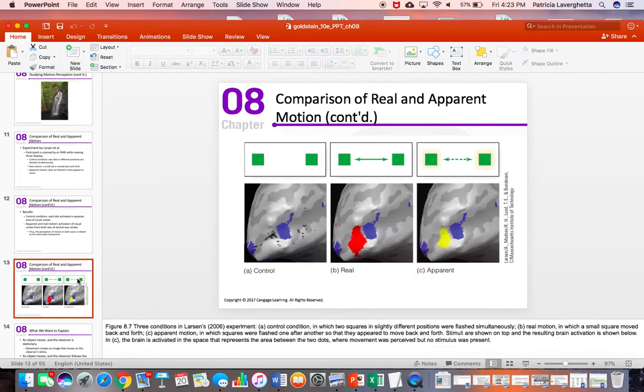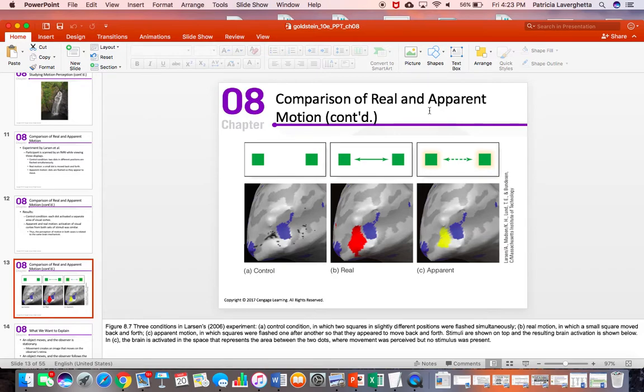Basically, they found, and they're looking at the cortex here, this was humans by the way, using an fMRI machine, that in the real versus apparent motion condition, the same parts of the brain are being activated. So that might be why we experience the same thing, because the brain is essentially fooled, or it lacks the cortical mechanisms to distinguish between the two in a meaningful way.